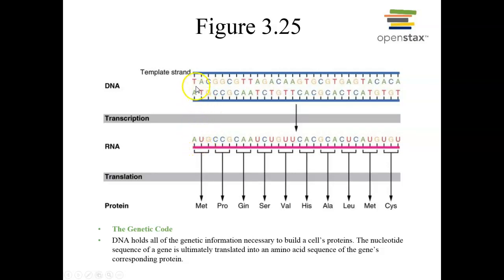So T is complementary to A, A is complementary to U, C is complementary to G, but it's identical to this coding strand. AUG then codes for an amino acid called methionine. CCG codes for an amino acid called proline. And so that's how this is read.